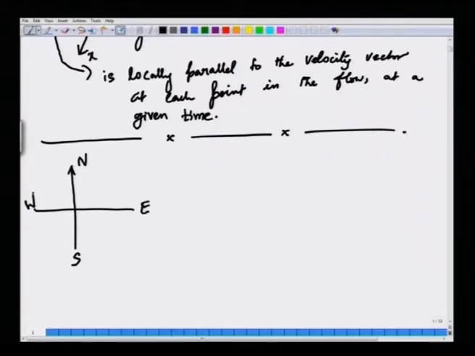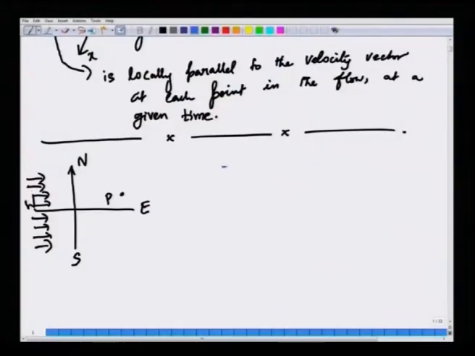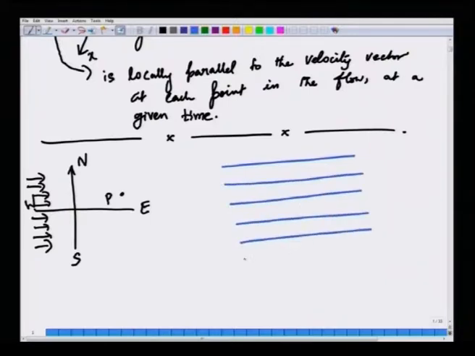We imagine that wind was blowing from west to east, and at some point, let us say p, smoke is being continuously introduced at that point. We can imagine how the streamlines are going to look, and this is a steady flow in the sense that the velocity vectors are constant at each and every point in the fluid. In the Eulerian sense, the flow is steady. Since it is a constant velocity, if you draw the streamlines, they will all be parallel to each other, and we can plot as many streamlines as we wish.